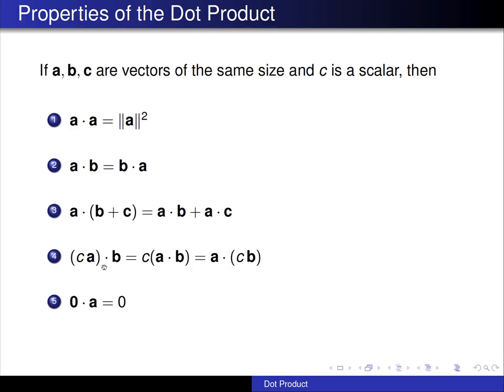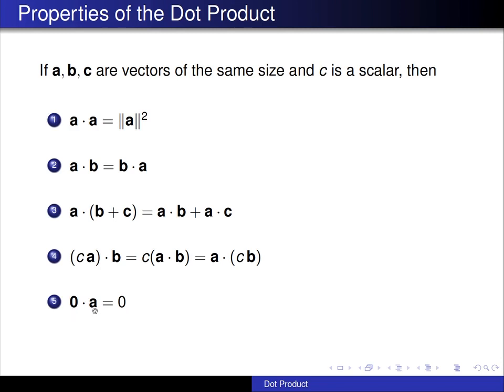Basically, what it's telling us is we can do that scalar multiplication times A, we could do it times B, or we could do the dot product first and then do the scalar multiplication. It doesn't matter. And then 5 tells us what happens when we do a dot product with a 0 vector, and it makes sense that we would get 0 here because every component of the 0 vector is 0.